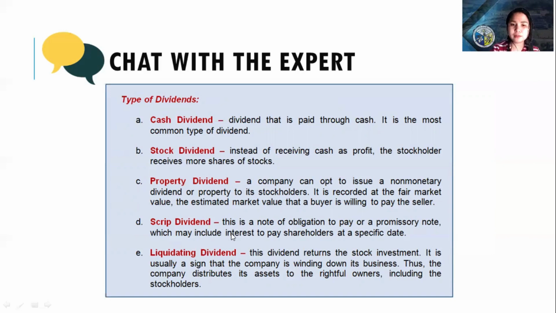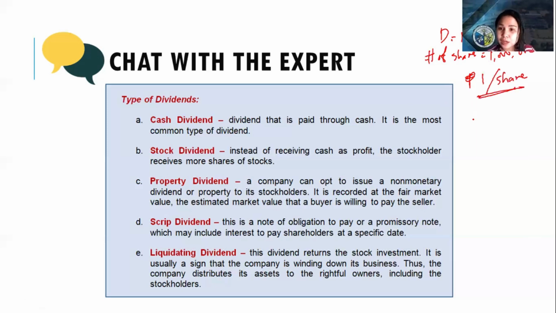The other is stock dividend. Instead of receiving that cash as a profit, you'll receive more shares. For example, let's go back to our example of the dividend is 1 million and the number of shares is also 1 million. So you'll receive 1 peso per share.